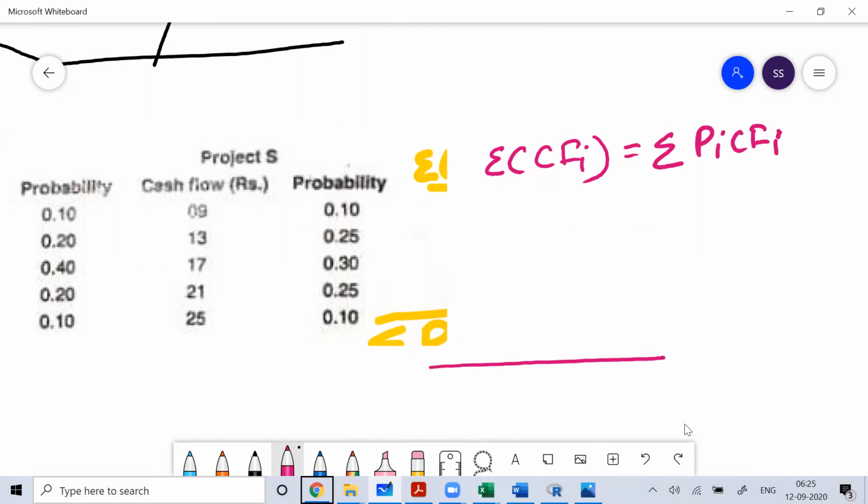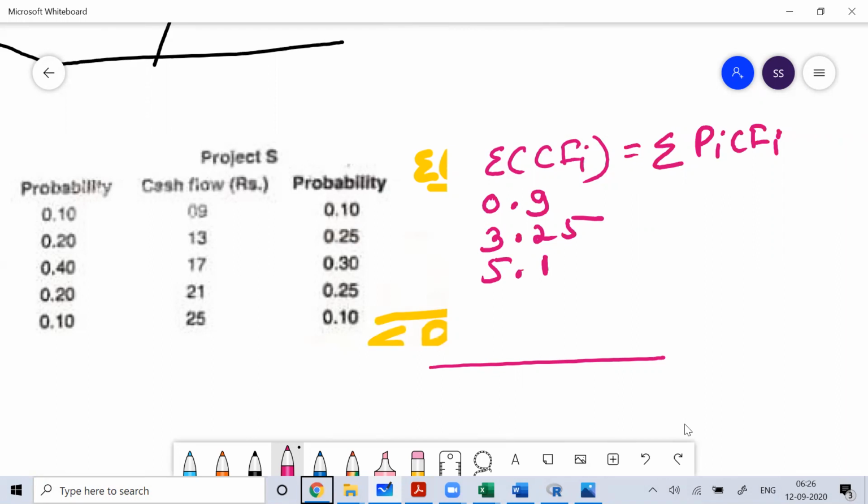So this is 9 into 0.1, this is 0.9. 13 into 0.25, that is 1 by 4, so 13 divided by 4 is 3.25. Then 17 into 0.3 is 5.1.